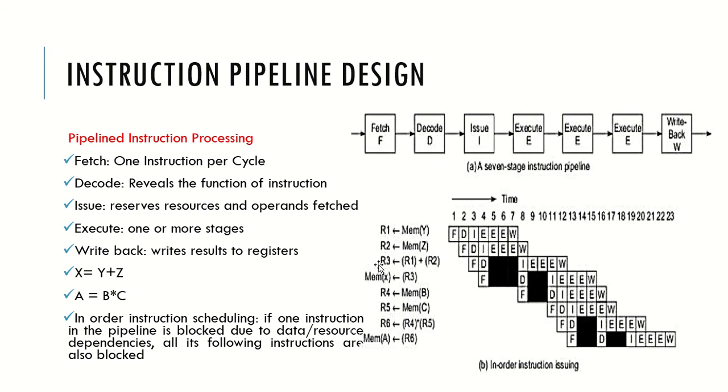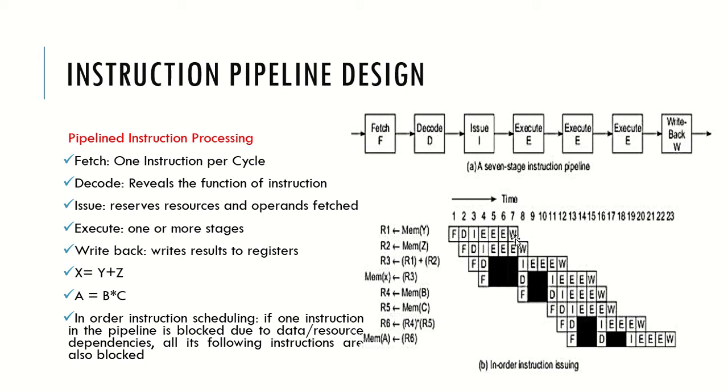But what happens to this particular instruction? Even though it was fetched in the 3rd clock cycle, decoded in the 4th clock cycle, it has to get the operands. And what are the operands? Operands are R1 and R2, whose result will be available only after 7th clock cycle and 8th clock cycle. So what you have to do? You have to make the pipeline wait until that data are available.